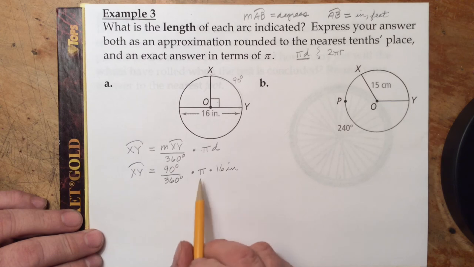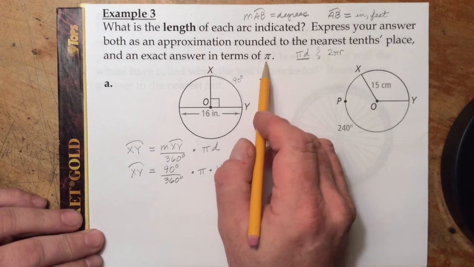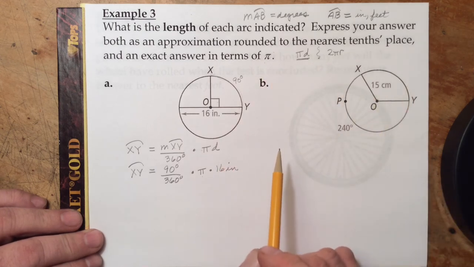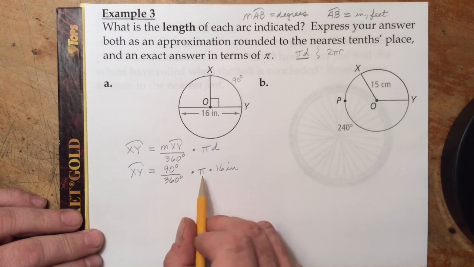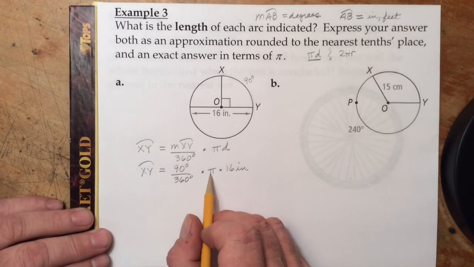Now remember, you want to leave pi in your answer as long as absolutely possible. And in this particular problem, they want you to leave pi in the answer altogether and then find the approximation after that. But even if we were just finding the approximation, always leave pi in your answer as long as absolutely possible to keep it as accurate as possible.